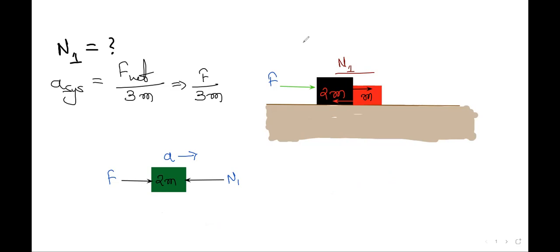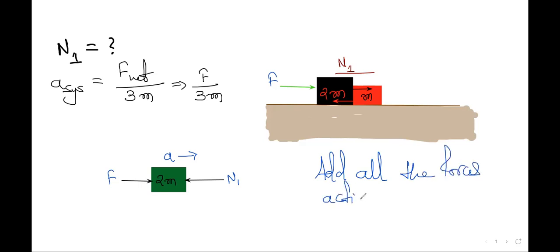So net force, what I'm asking, what will be the value of net force acting on this 2m? Just add all the forces acting on the 2m block, with their respective directions. So what will be the value?